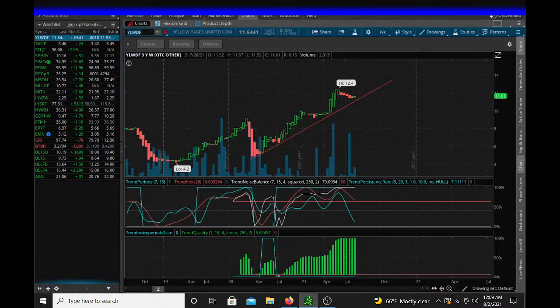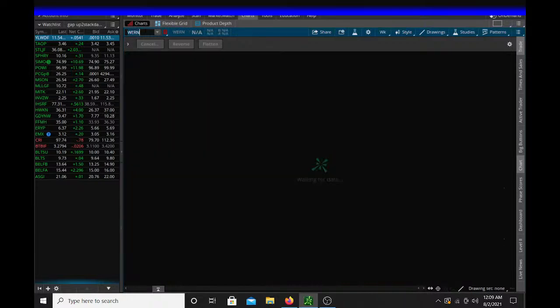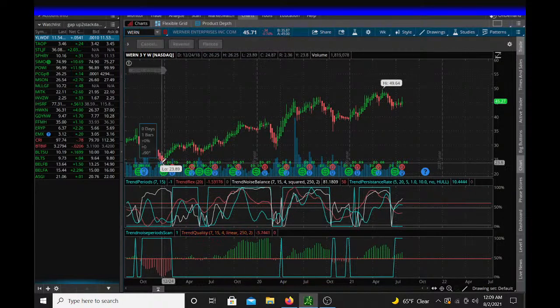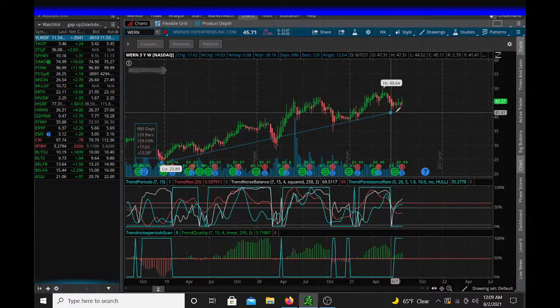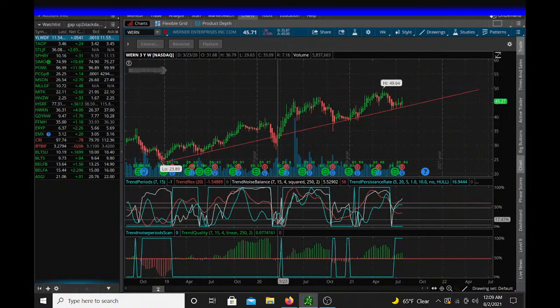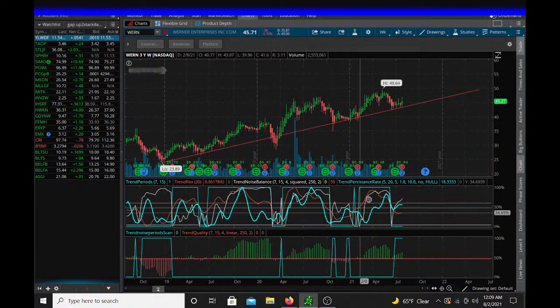Let's see. Let's check out Wern here. And let's just draw a little trend line up through there. We see just a bunch of noise and confusion through here. Things seem to go with a little bit more harmony through here.